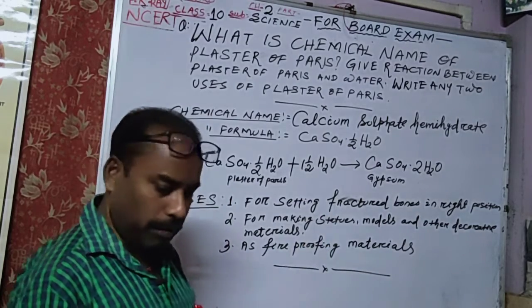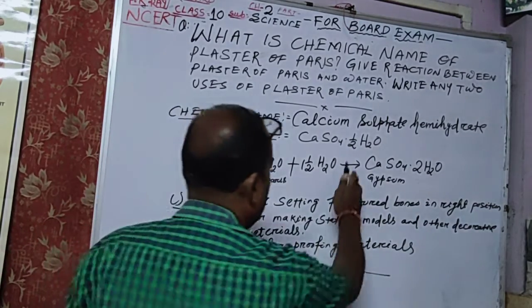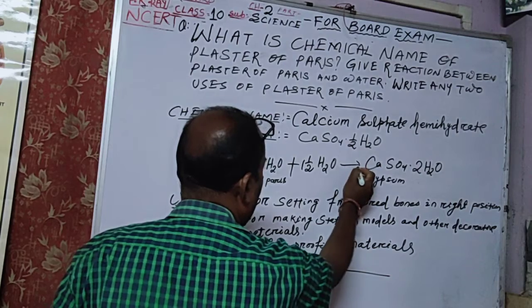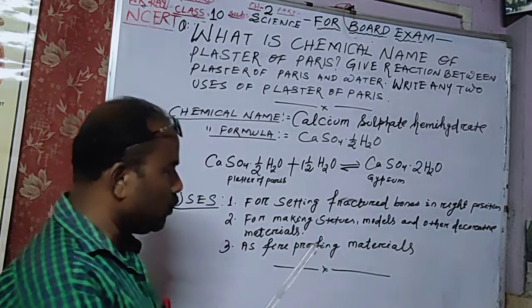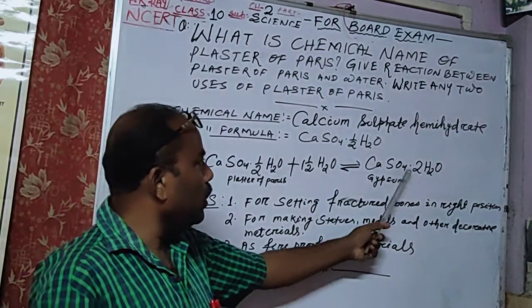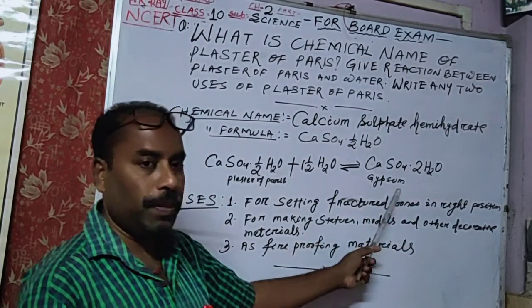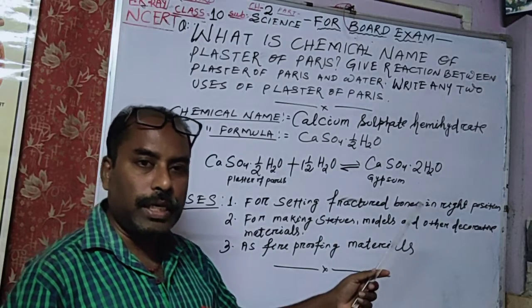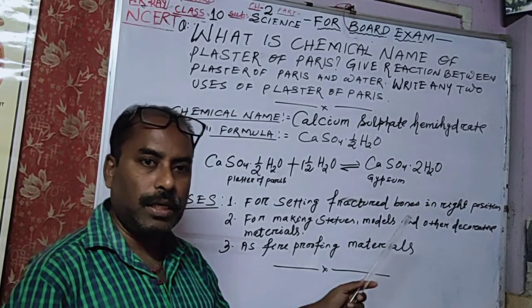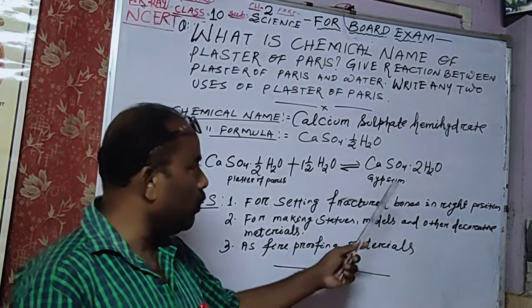And this is a reversible process. Reversible means what? Again, if we heat this gypsum at 120 degrees Celsius or 373 Kelvin, then what will happen?